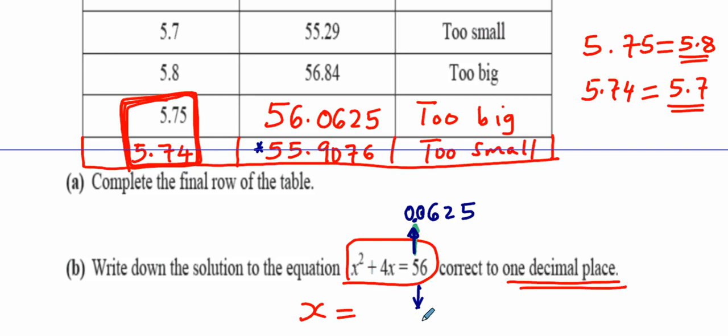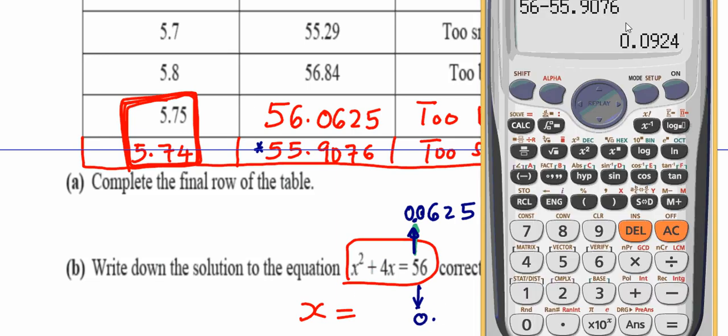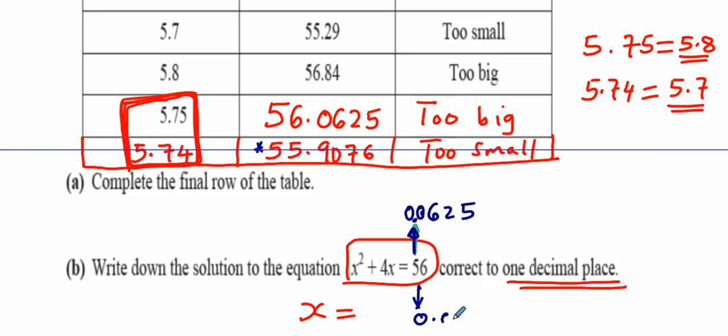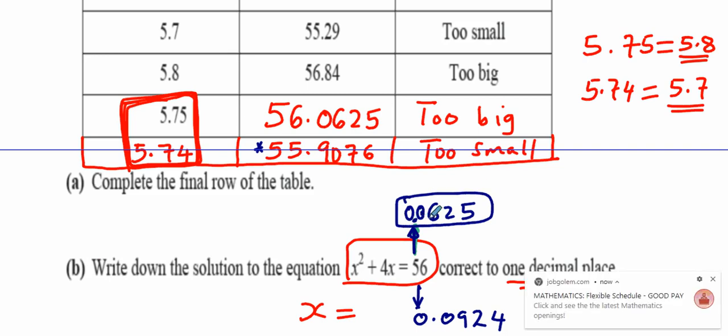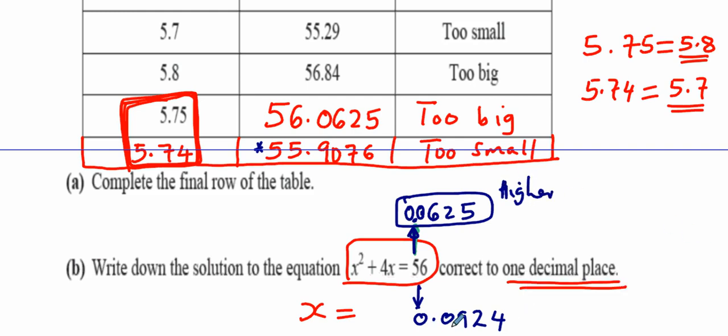Okay, now which one is a little bit closer to 56? This one has a difference of 0.0625 higher, and this is 0.0924 lower than 56.